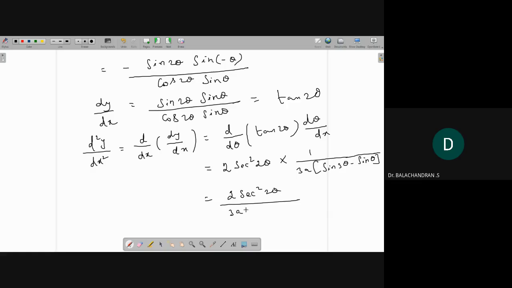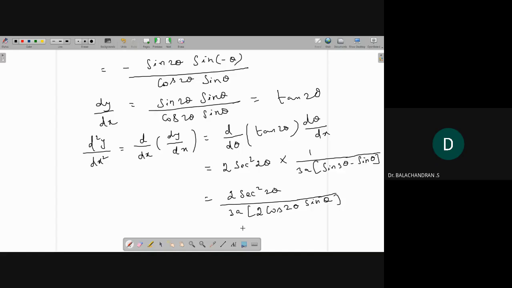I already used this formula, so I'm writing directly. So 2 cos of c plus d by 2, that is 4 theta by 2 is 2 theta, into 2 sine of c minus d by 2, that is 3 theta minus theta by 2, is theta.